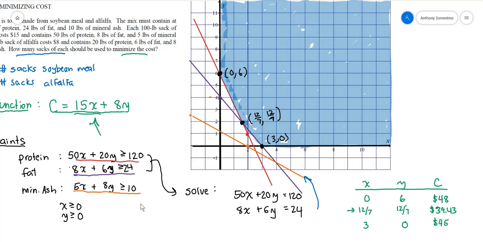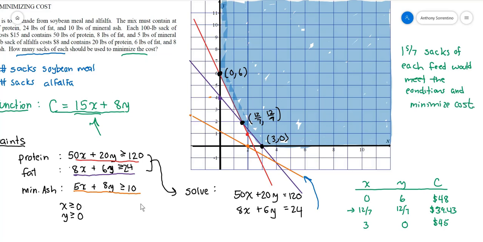But generally, to minimize costs, 1 5/7 sacks of each feed would meet the conditions and minimize cost. And that is the end of this example, and that is the end of this video.